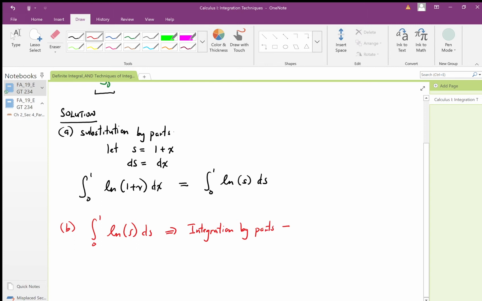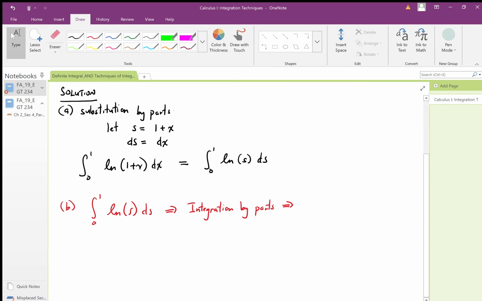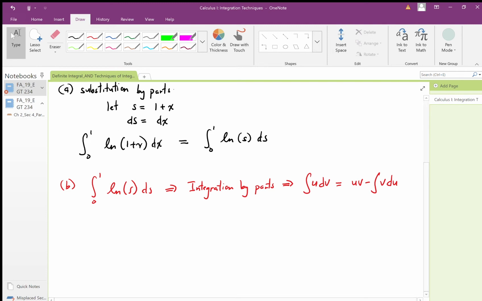The formula for integration by parts is the integral of u dv equals uv minus the integral of v du. Now I'm going to say let my dv be ds, this part right here.